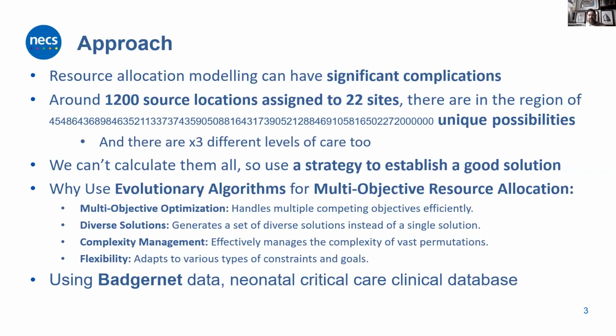So just sending everyone to their nearest site isn't necessarily the best approach, and we have multiple competing objectives. The evolutionary algorithm enables us to manage those multiple objectives and work towards a good outcome for all of the objectives that you're looking at.